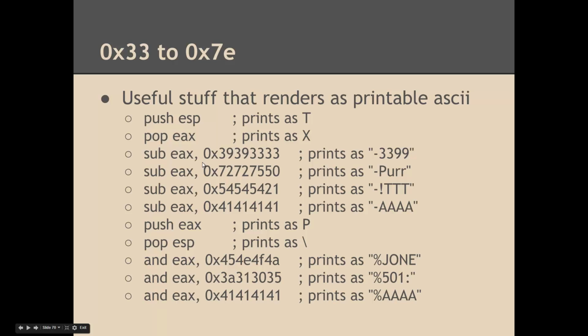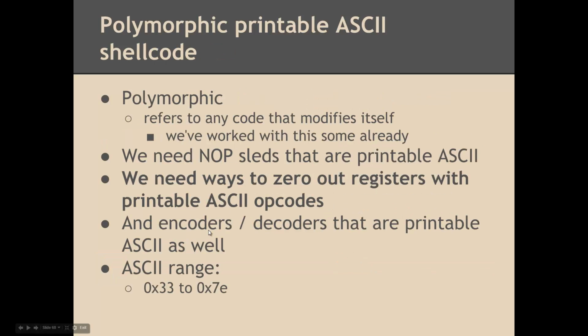So the sub EAX here would be the minus character, and the 33 would map to 3, and 33 would map to 3, and 39 would map to 9, 39 would map to 9. I think I had a typo here. Yeah, this is not the ASCII range.